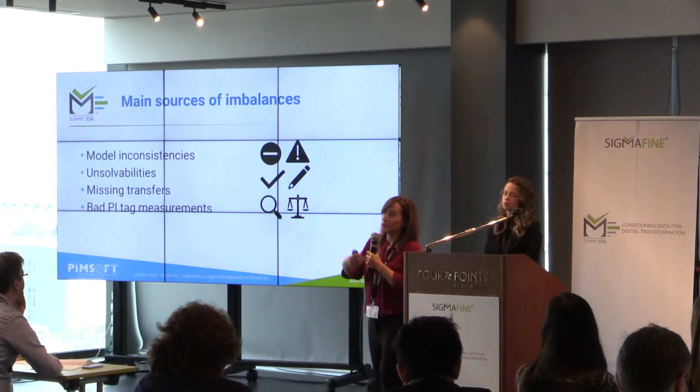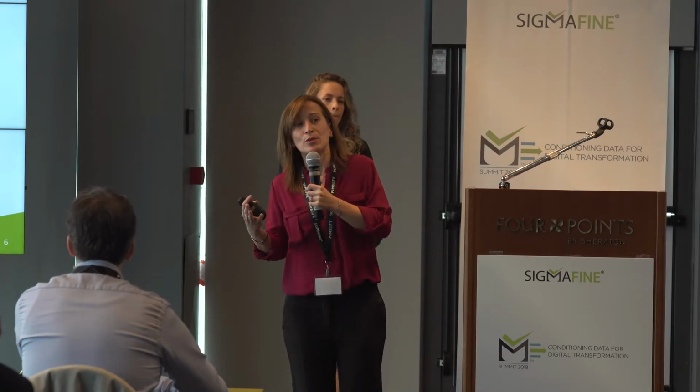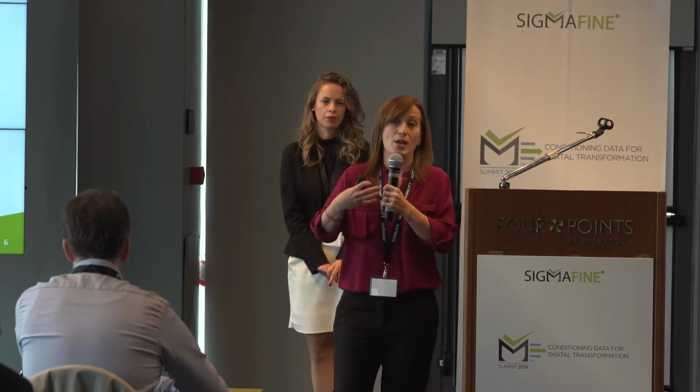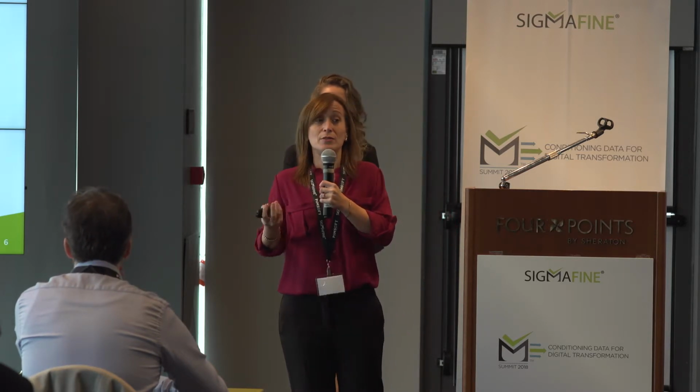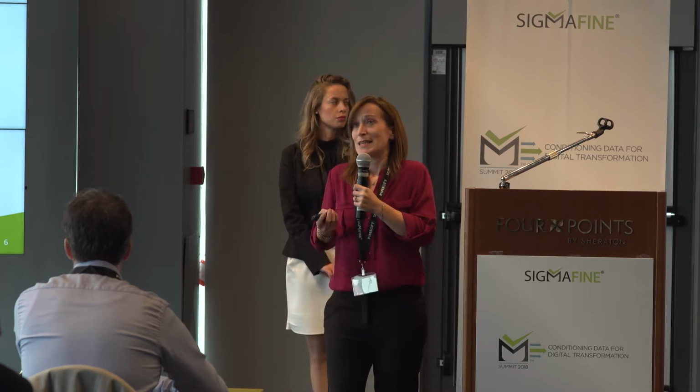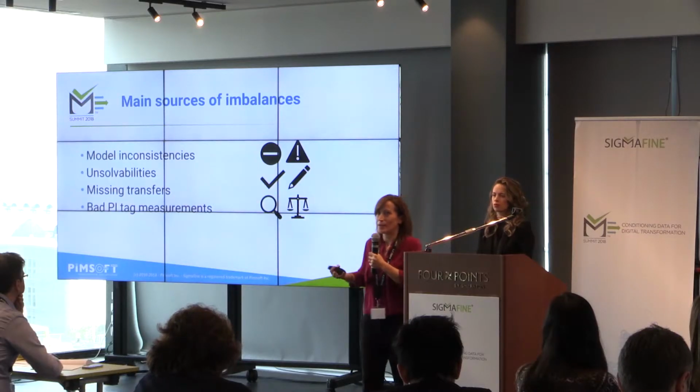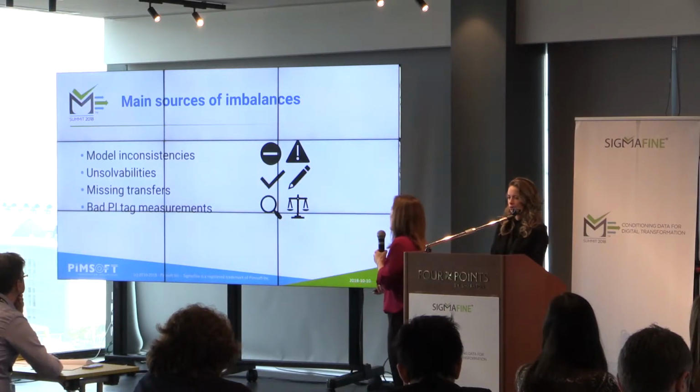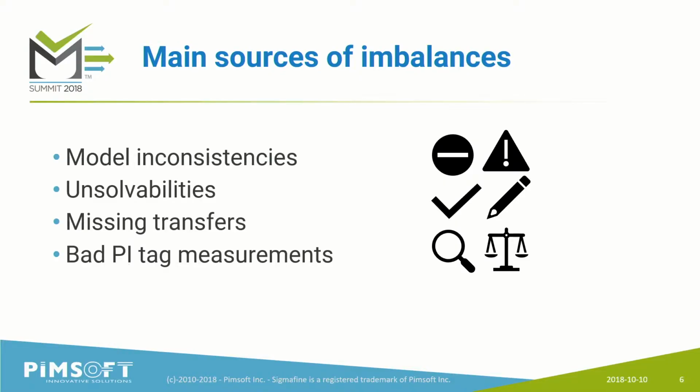That's what we normally do during the project. We first build the model, but then we have an important phase that is the model validation, because as far as you don't have a validated model, you cannot go on, because it's like having a systematic error in your runs. Then, okay, you may have unsolvabilities. This is another result of Sigmafine.